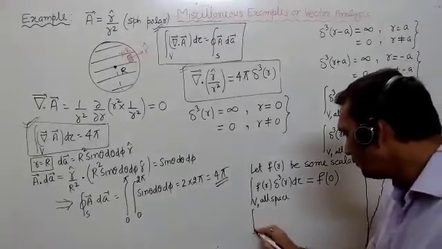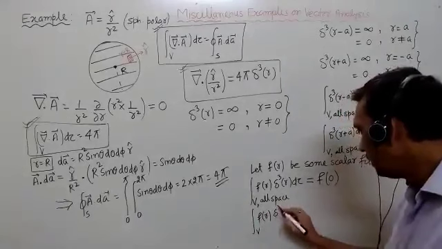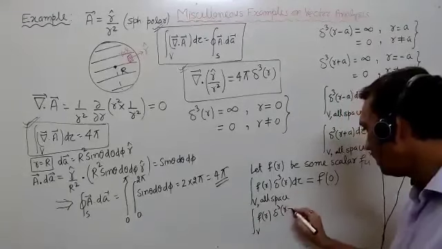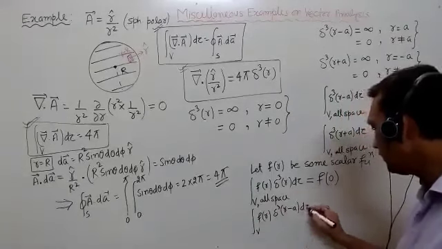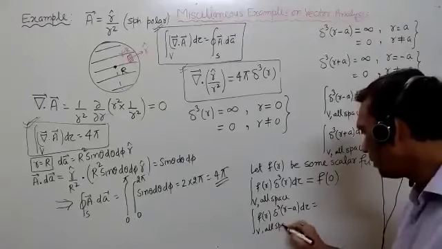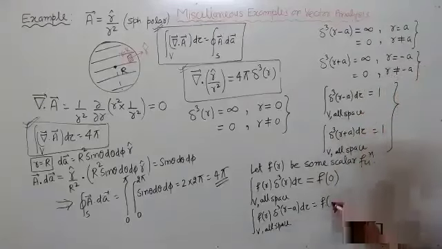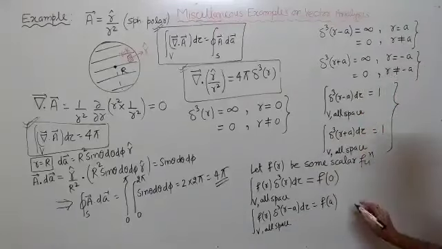Or you can have the volume integral of f r delta r minus a d tau over all space. This will be simply the value of the function at r is equal to a.